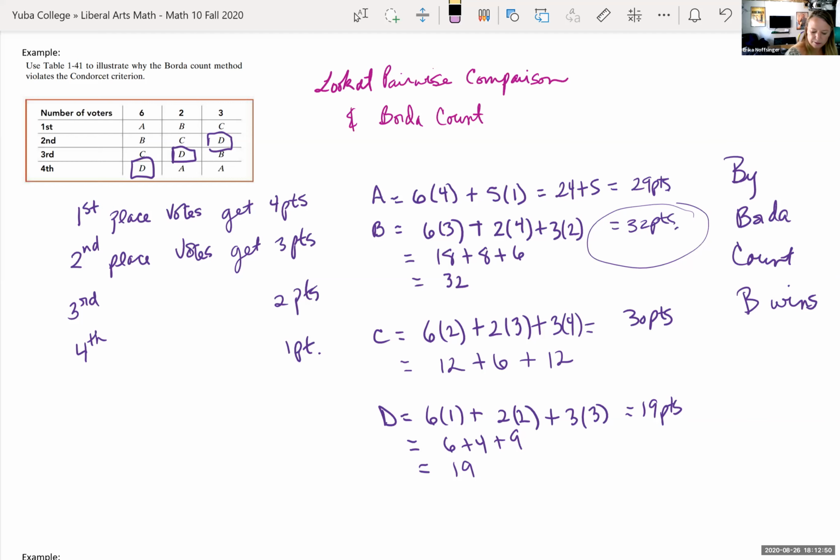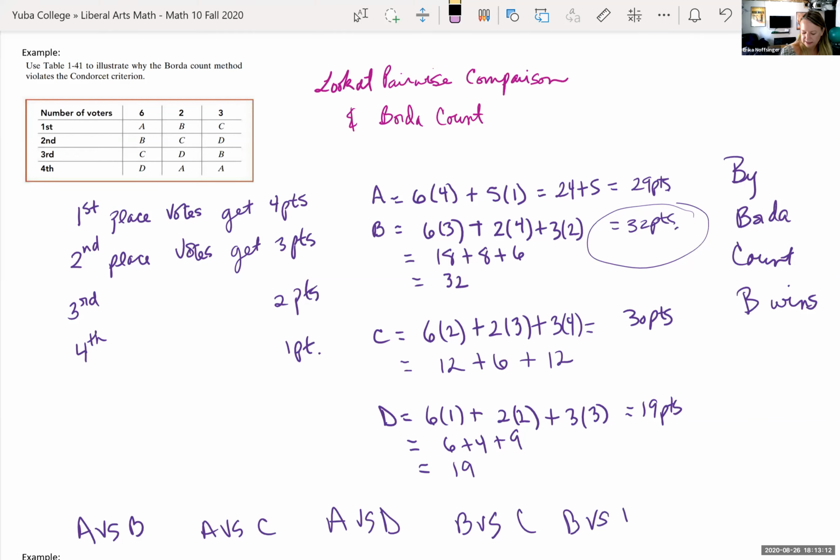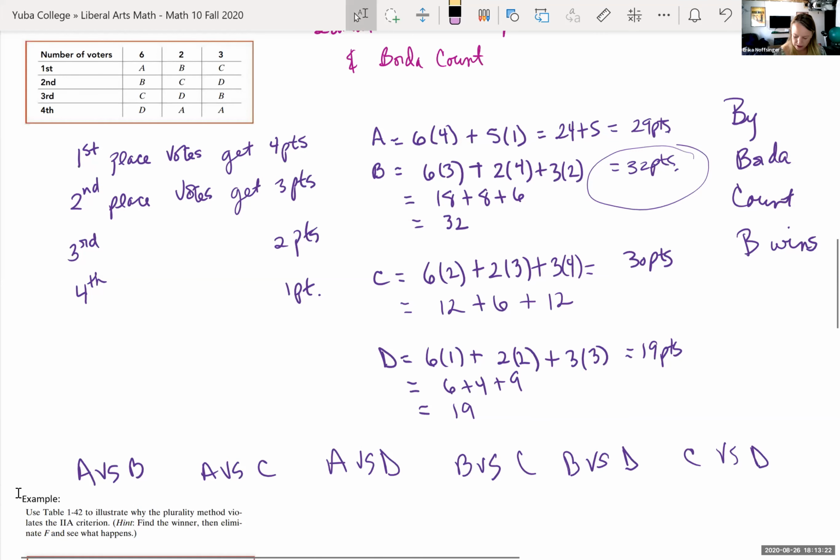Okay, so now we got to look at the pairwise comparison. Again, that's where you're going to have to do A versus B, A versus C, A versus D, B versus C, B versus D, and C versus D. So if it was just A and B together, who would win?